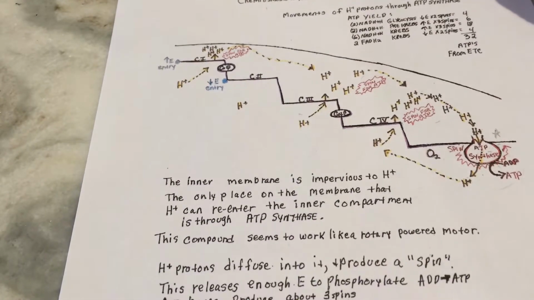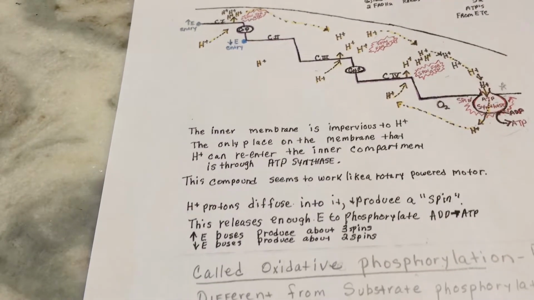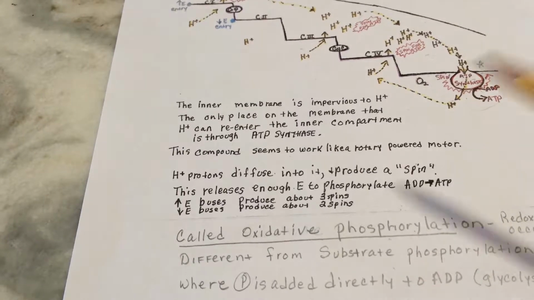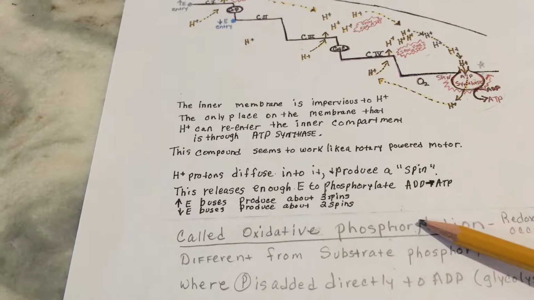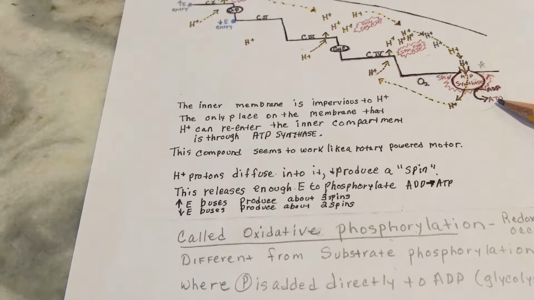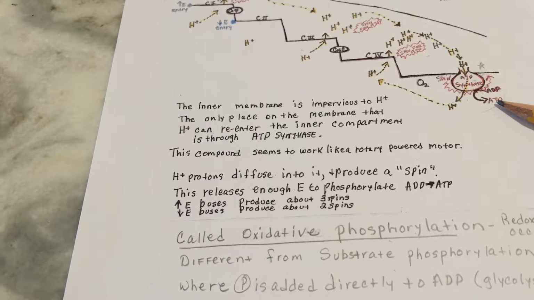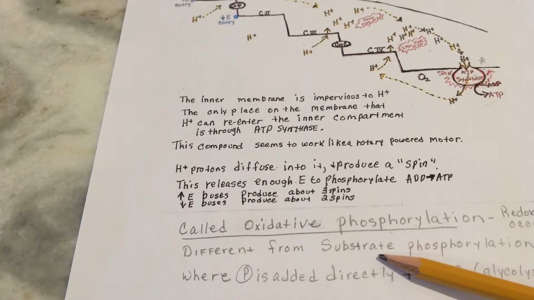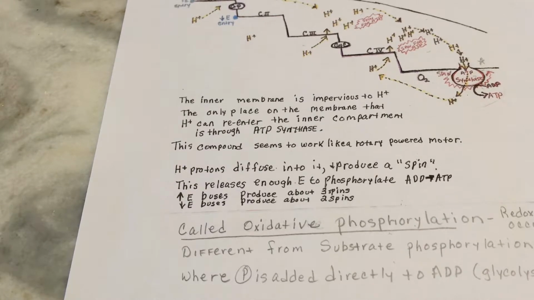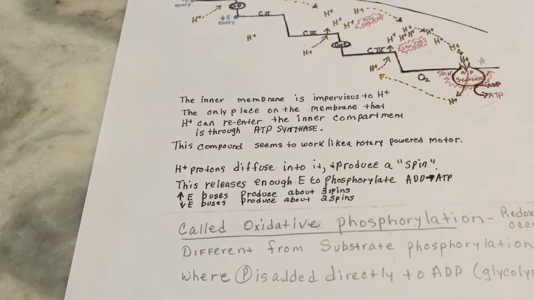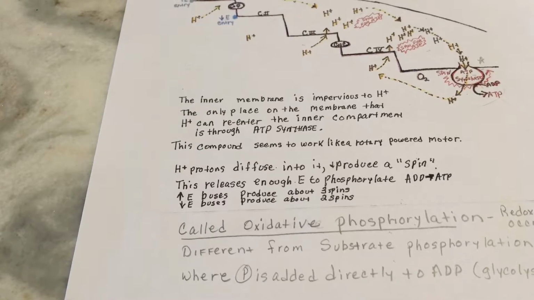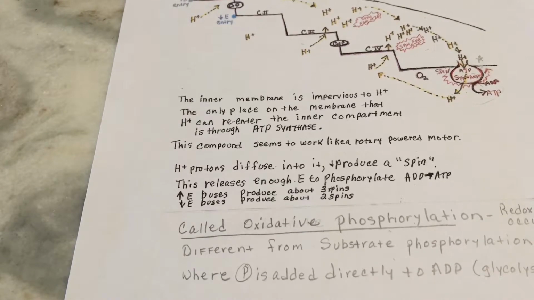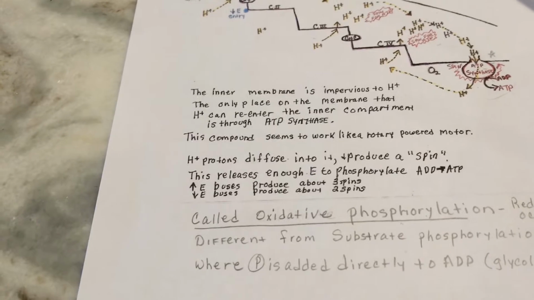Okay, so remember that it's called oxidative phosphorylation to produce the ATPs in ETC. It's called substrate phosphorylation to produce the ATPs in glycolysis and in Krebs cycle because no redox reactions are required to attach the phosphate to ADP.